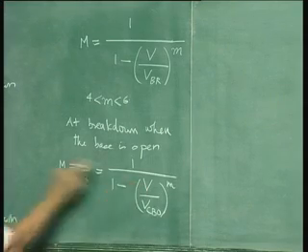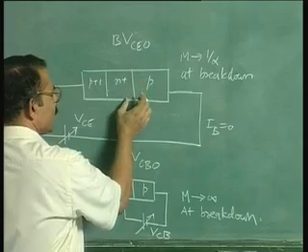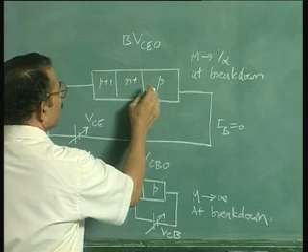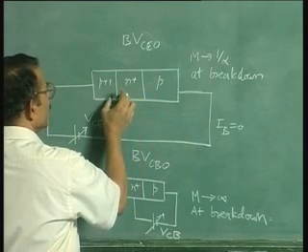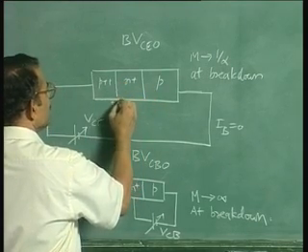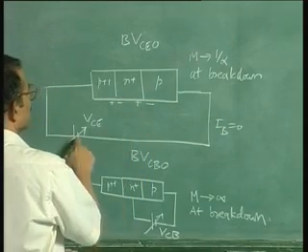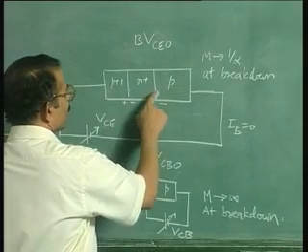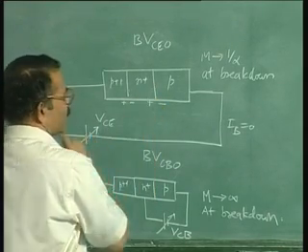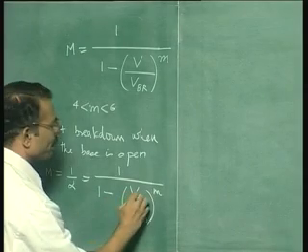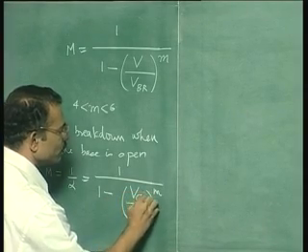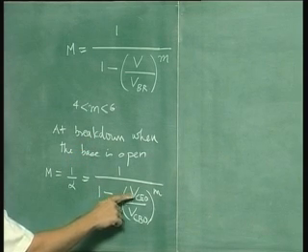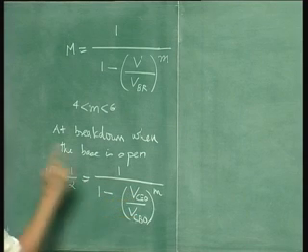But this V is nothing but the voltage across the collector base junction in this particular circuit configuration when the base is open. So if you add this collector base voltage to the very small value of forward bias across the emitter base voltage, please note that this is the polarity when you apply a voltage like this, reverse bias and forward bias. This is very small. So really the voltage here is approximately equal to this total voltage. That is why we can replace this by the VCEO, because at breakdown the voltage is VCEO.